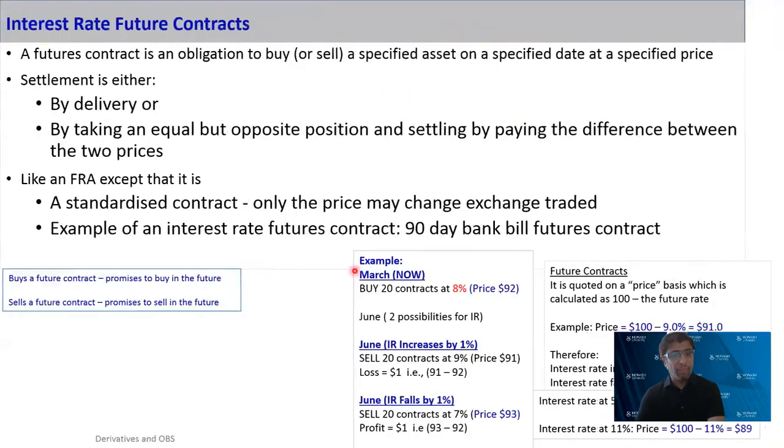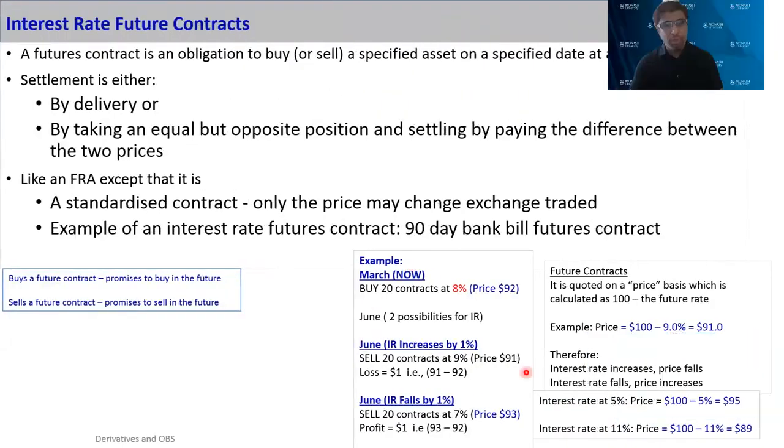Let me give you this example. Maybe this is better. This is a buyer. And let me show you here. This is how the quotation works. The quotation is on a price basis, which is calculated as 100. So the contract is at 100. In the example, if the interest rate is 9, you sell for 91.